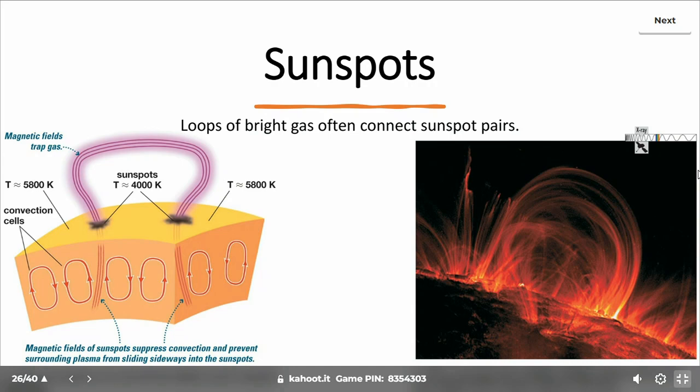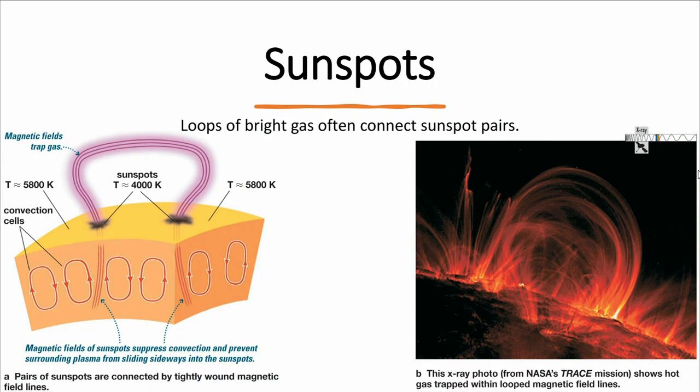So you get these very bright loops of gas that go from one sunspot to the other, and so these are basically mapping all of those magnetic field lines. And you don't see this very well in visible wavelength light, but you do see it very well in X-rays. As these charged particles are spiraling around these magnetic field lines, they are releasing these X-ray photons.